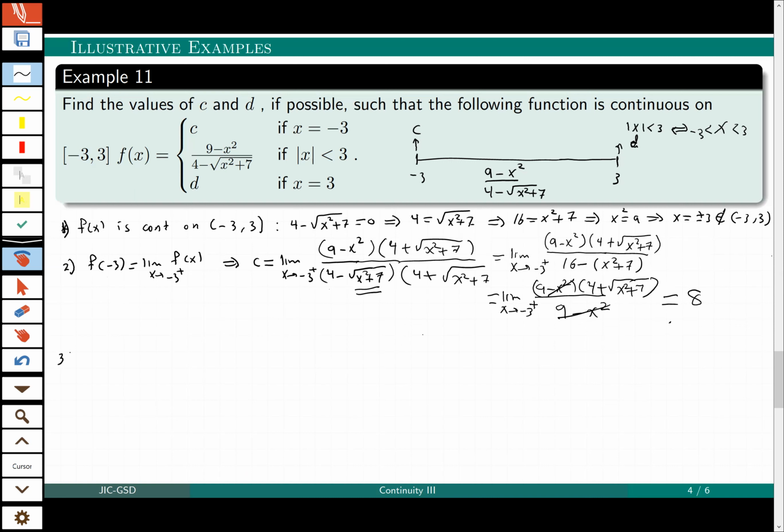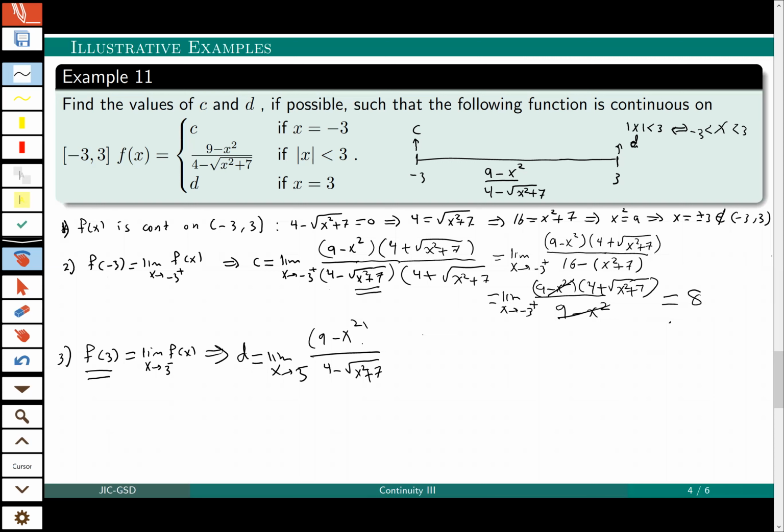Similarly, the third condition: f at 3 must equal the limit when x goes to 3 from the left. That means f at 3 is equal to D. And for the limit when x goes to 3 from the left, we have the same function, 9 minus x squared divided by 4 minus root x squared plus 7.